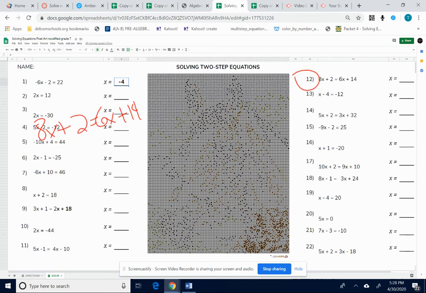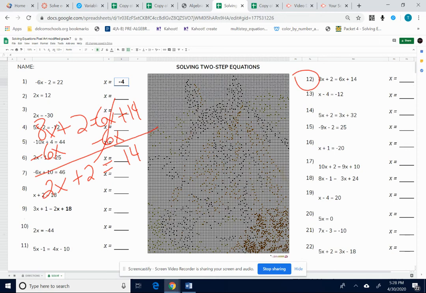Get rid of the 6x by subtracting 6x from both sides. On the left, you have 8x minus 6x, which is 2x plus 2, equals 14.